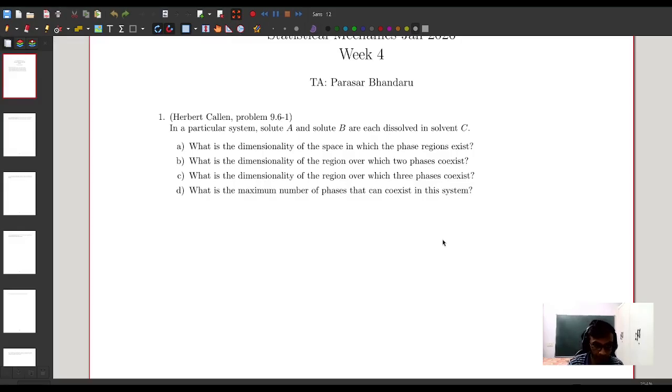So this question is about a thermodynamic system with three components.